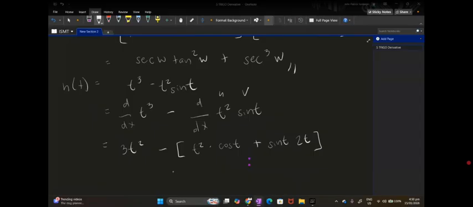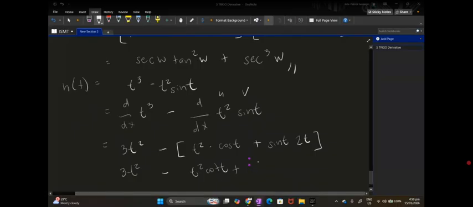Yan. So, pwede na natin siyang pagsamahin here. 3t squared minus, it's gonna be t squared cosine of t. Hindi siya pwedeng cosine t cubed kasi etong t natin here sa cosine, it's an angle. Kaya hindi natin siya pwedeng pagsamahin. Hanggang ganito lang siya. Gets? Plus 2t sine t.